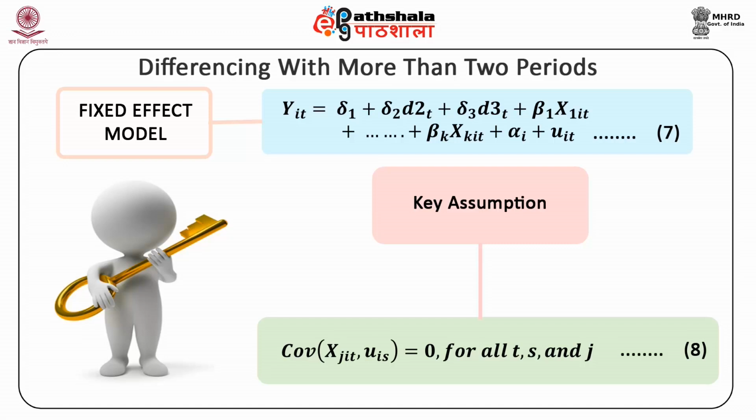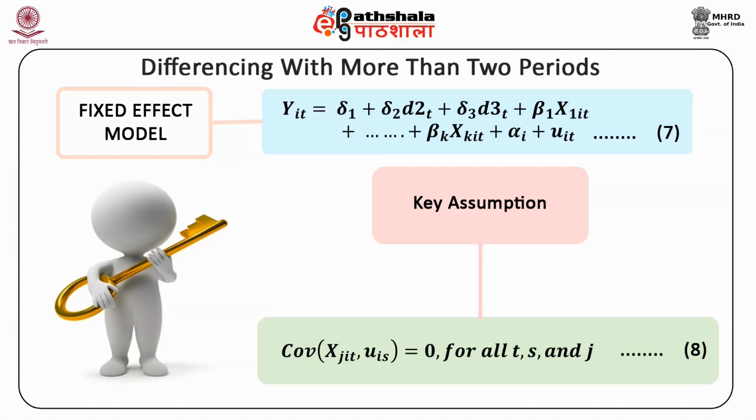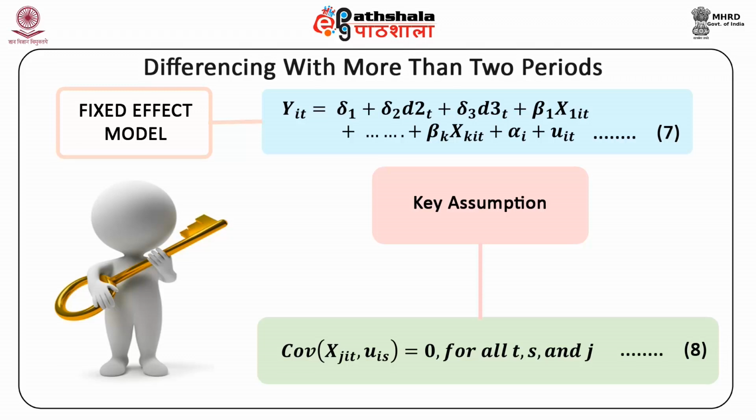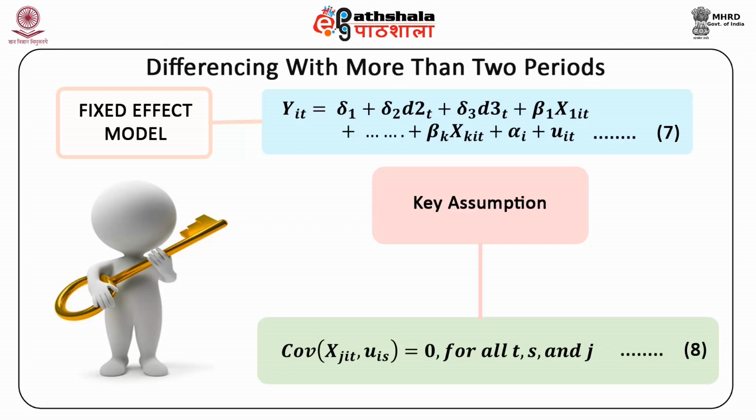It means the explanatory variables are strictly exogenous after we take out the unobserved effect alpha i. This assumption, which is equation 8, rules out the case where future explanatory variables react to current changes in the idiosyncratic errors. If we omit an important time varying variable, then equation 8 is generally violated.